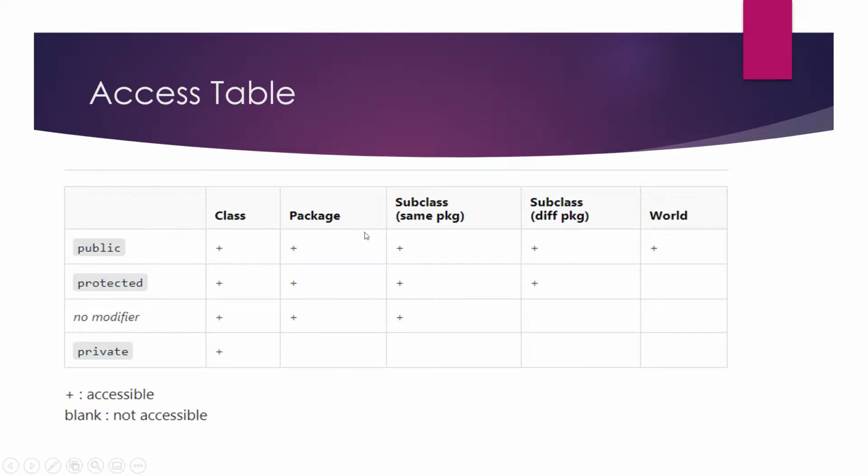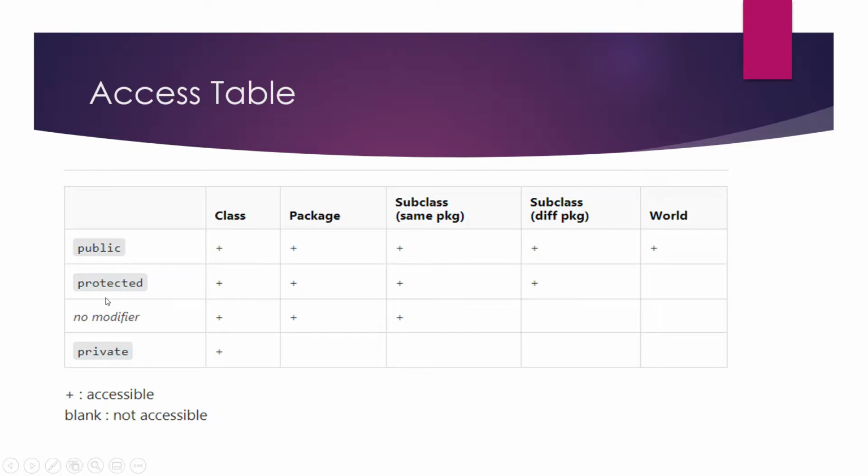And if you have a private variable or private member, it can only be accessible within the same class. You cannot access it from outside of the class. Even if the class which is accessing is a subclass, you cannot access it. Even if it is present in the same package, you cannot access it.